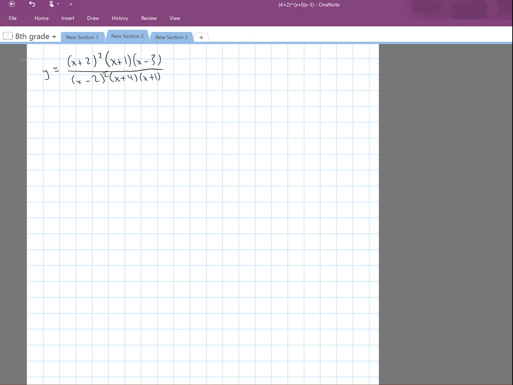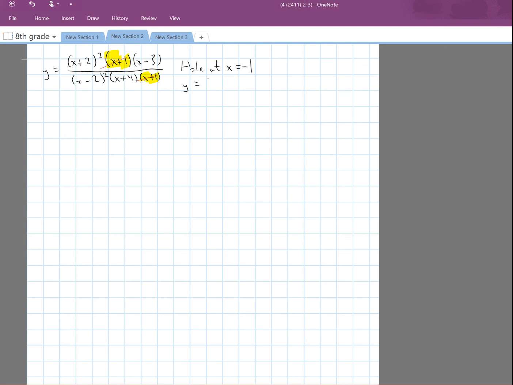So, first step is to realize there is a hole at x equals -1, because that's the value that would make this 0.